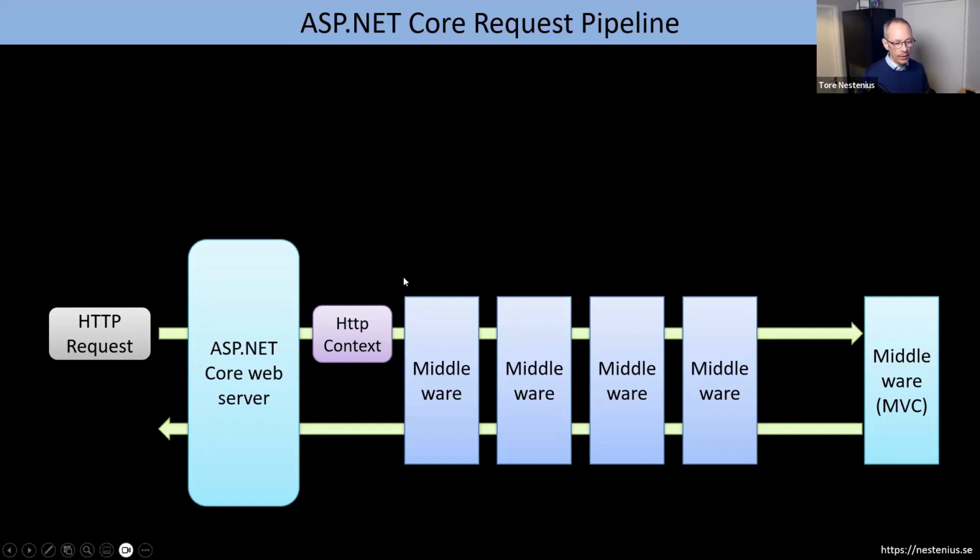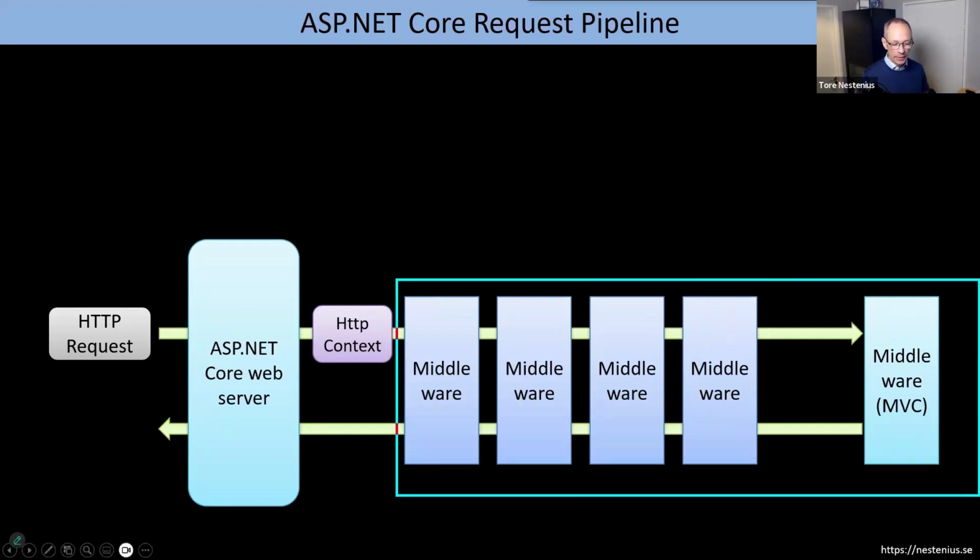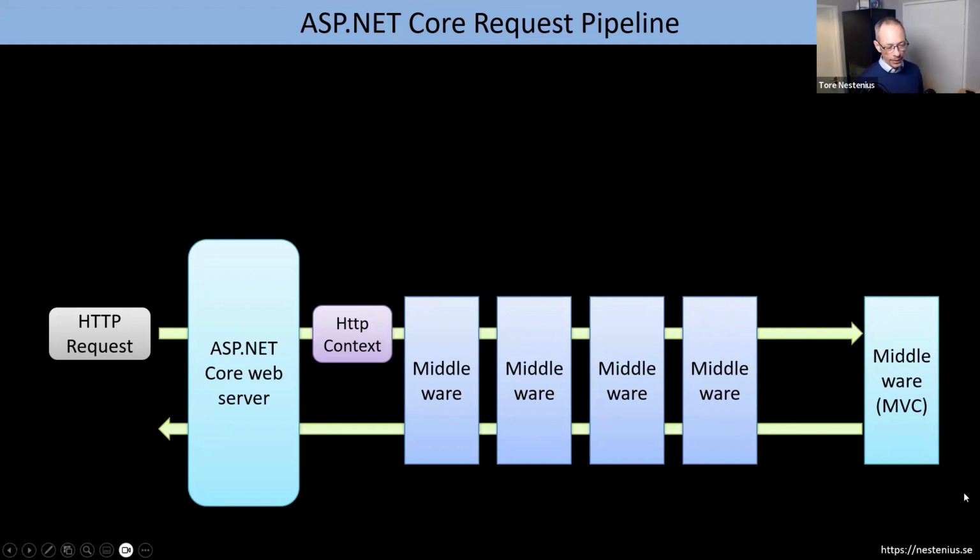And then internally, we have a big pipeline of middlewares, modules that we can add to this pipeline that will do various things, inspecting the request, manipulating it, and also looking at the response, and for example, do compression, or security, or logging or error handling, whatever you like.